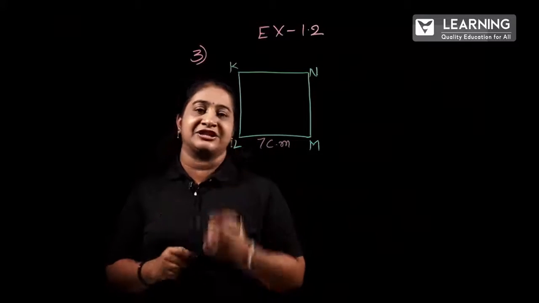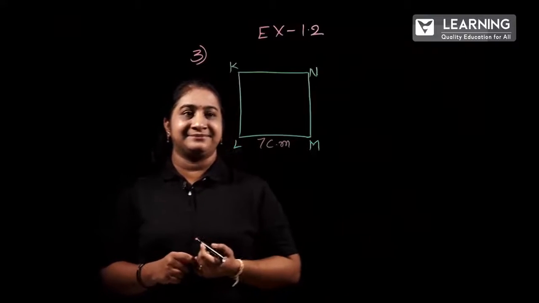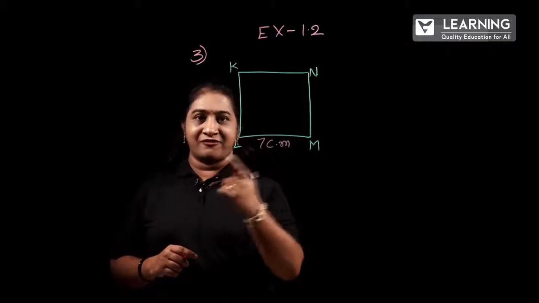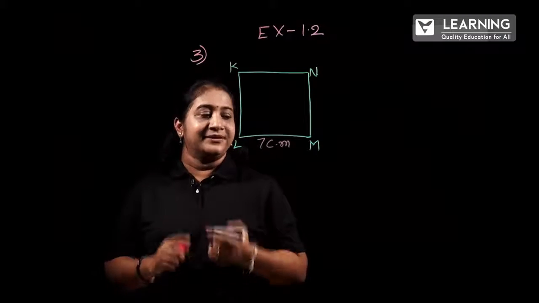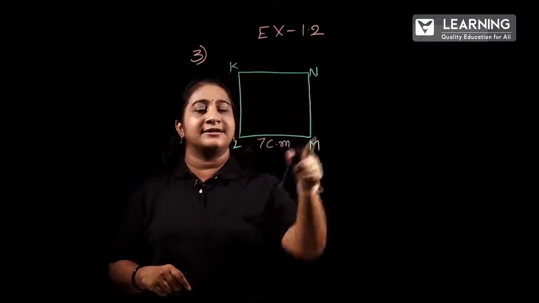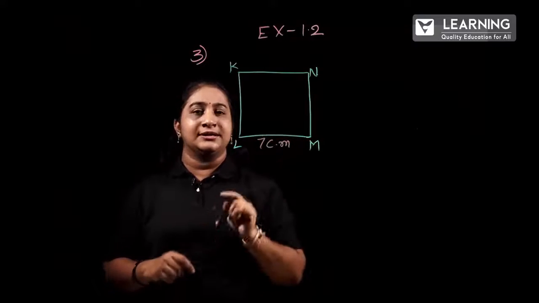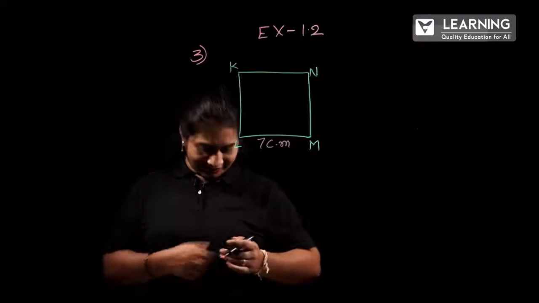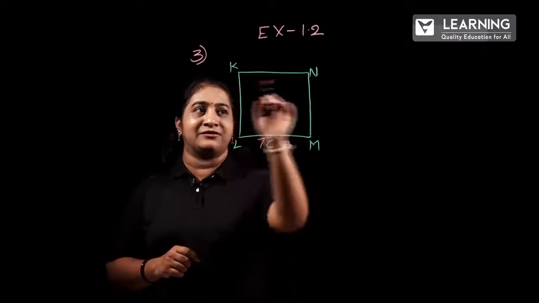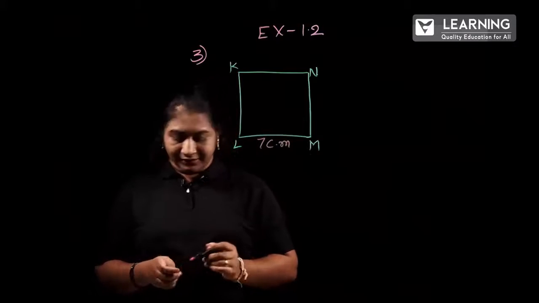And they have given one condition. What is that condition? In the given figure, they have given the measurement of one side, and if all the sides are equal, then find the value of the perimeter. Find what is the perimeter of the given figure.